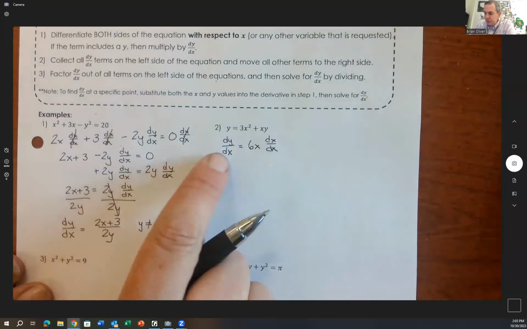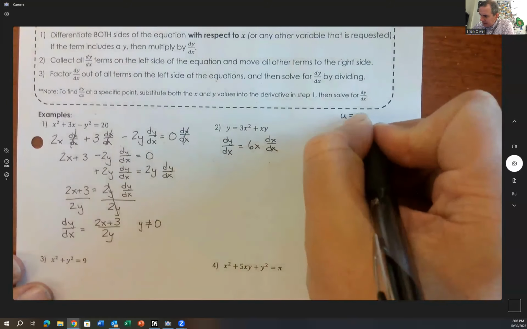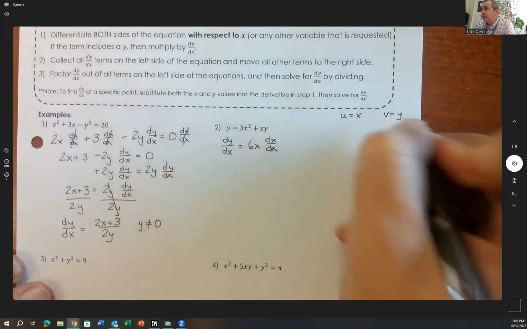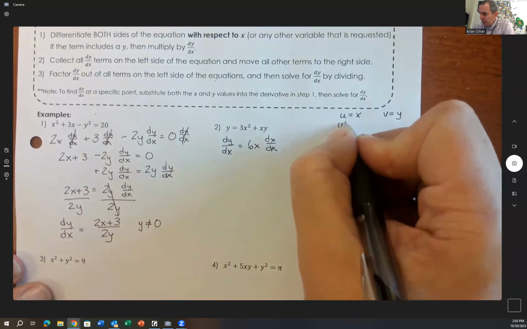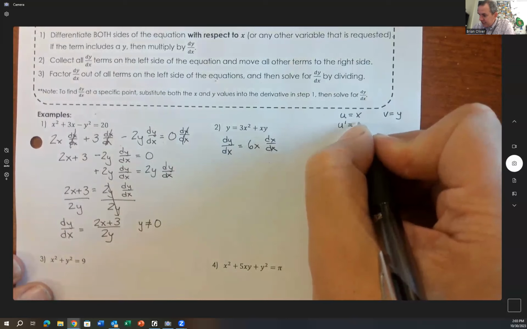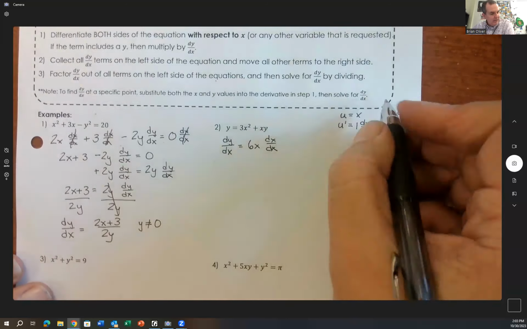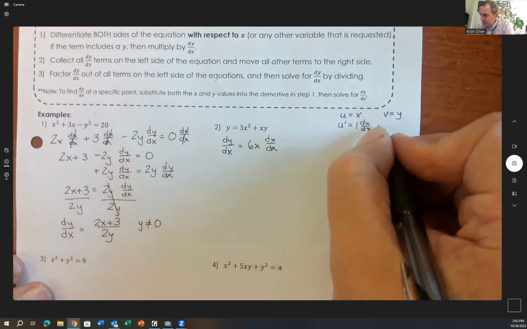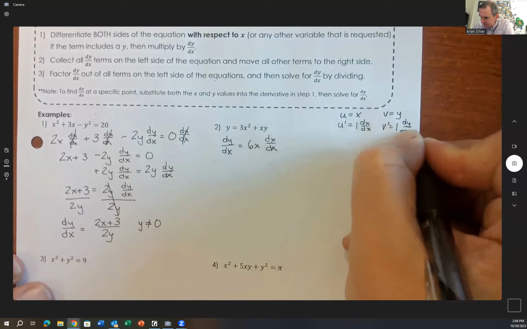I need to use the product rule for this. u is going to be x, v is going to be y. So what we're going to find out is that u prime is going to be 1 dx/dx, and v prime is going to be equal to 1 dy/dx.